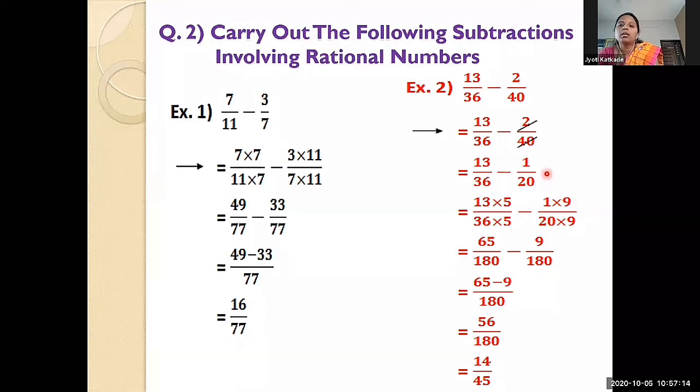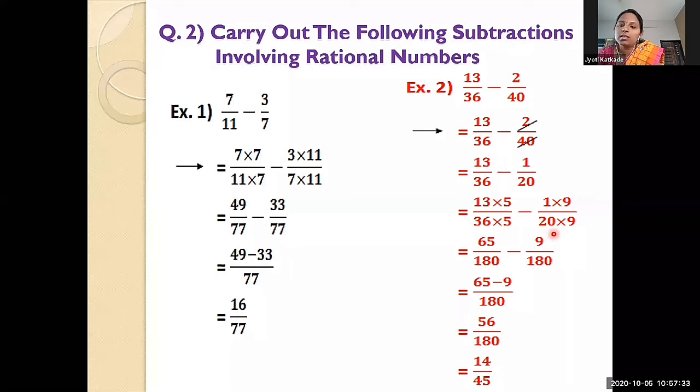Now here also the denominator is different, so make the denominators the same. Take the LCM. Then the LCM is 180. So we have to make the denominator 180, multiplying 36 by 5.